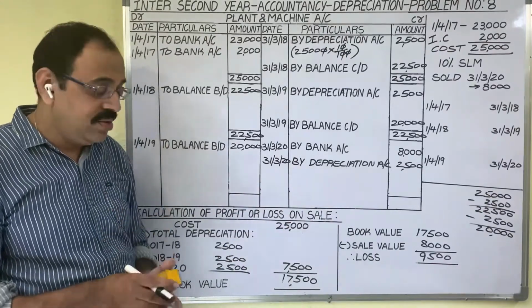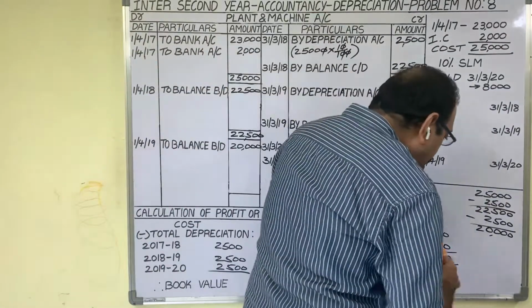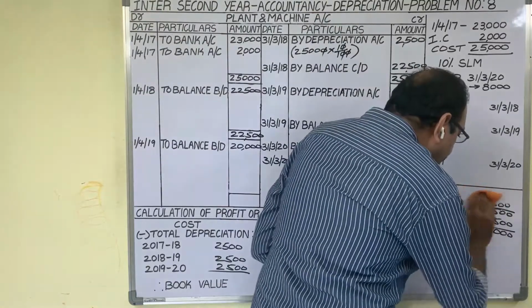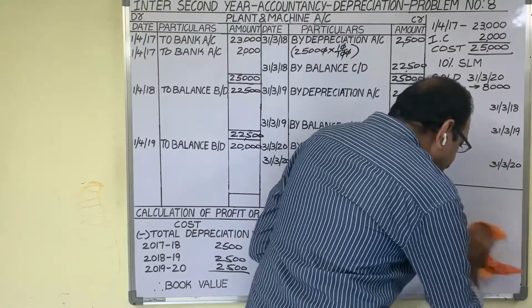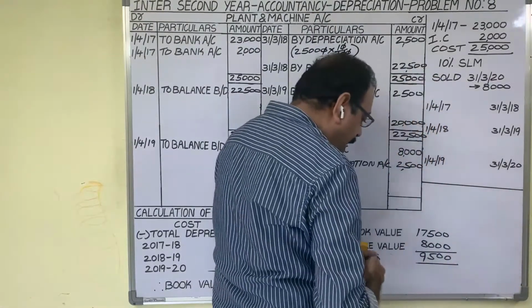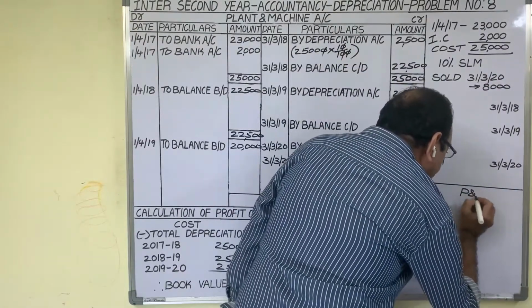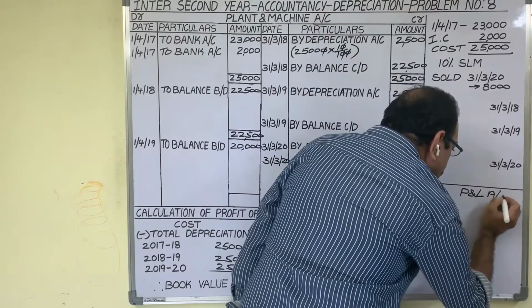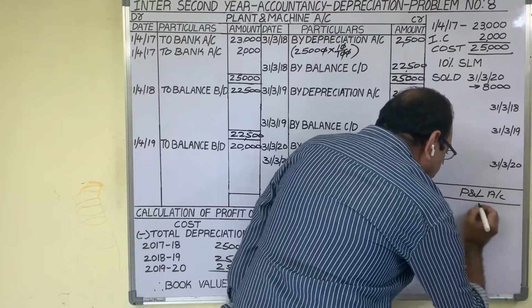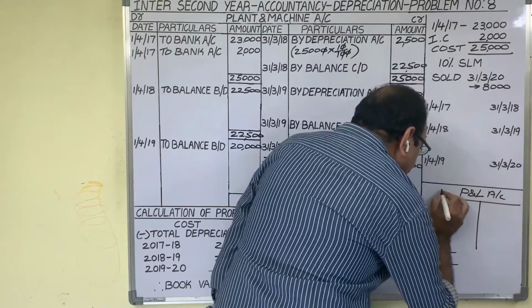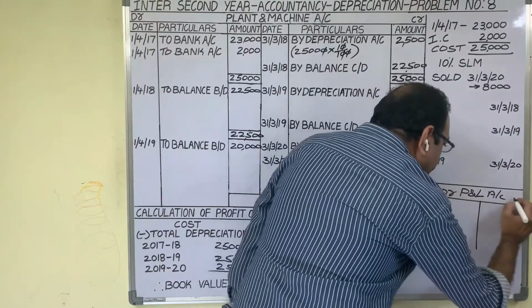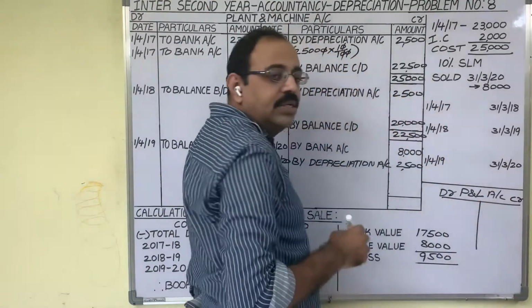Which side? Profit and loss account contains two sides, no? Debit side and credit side.